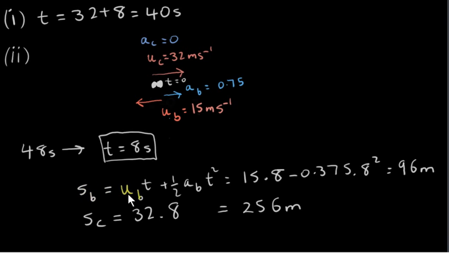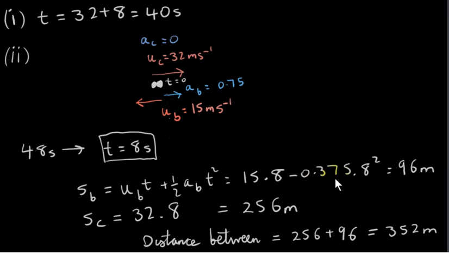So let's get the distance travelled by the bus. The bus is travelling to the left but slowing down, so the acceleration is negative. So for the bus, taking directions to the right is positive. As for the car, it is moving to the right, so for the car we're taking directions to the right as positive. It has no acceleration, so its distance is just its speed times the time of travel, which is 8.